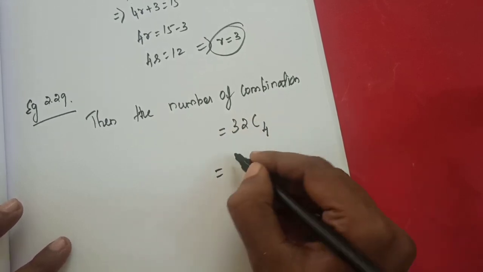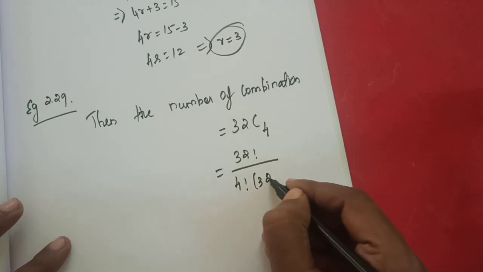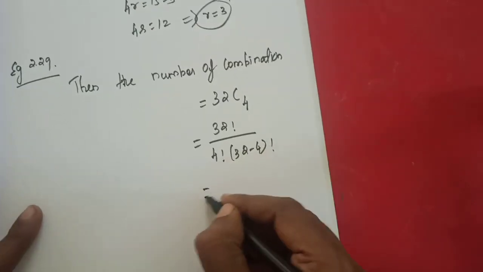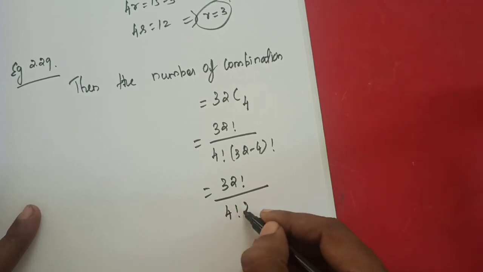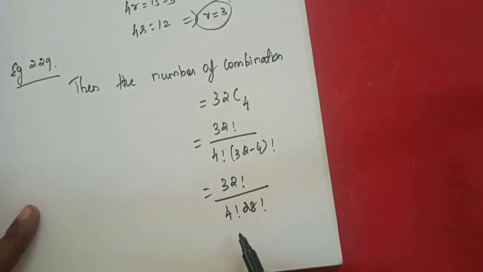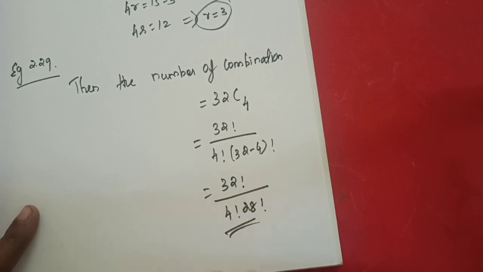Substitute in the formula: 32 factorial divided by 4 factorial into 32 minus 4 factorial. That's equal to 32 factorial divided by 4 factorial into 28 factorial. Listen here students, this one is a very big number. If you are finding the factorial, you will get a very big number. So you can leave it like this, it's enough. This is the required answer.